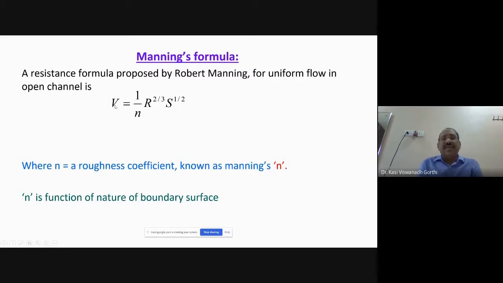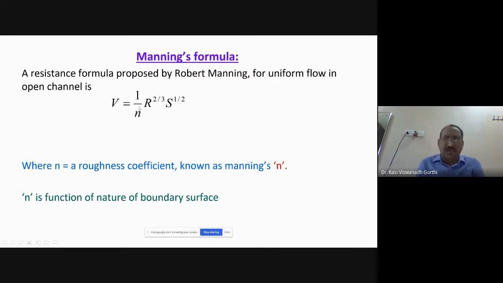For V, length by time, L T to the power minus 1. For R, A by P: A is L squared divided by P, which is a length dimension L, so R is a linear parameter. So on one side we have L to the power 2/3, and on the other side L T to the power minus 1, so you would not get a dimensionally homogeneous equation.